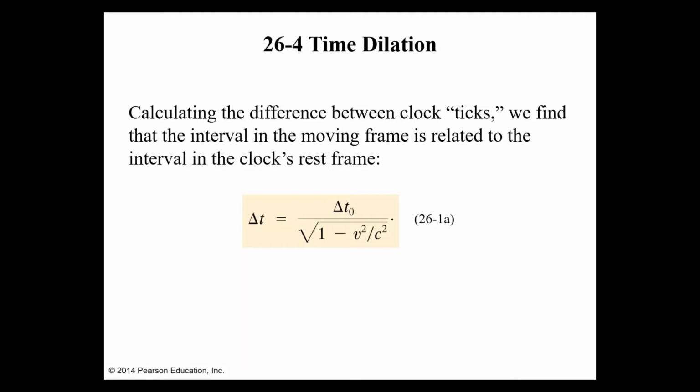So what on earth are we talking about with this equation? This is weird. Here's what's happening. Inside of the clock, you have a certain amount of time happening between ticks, so to speak, within the clock.